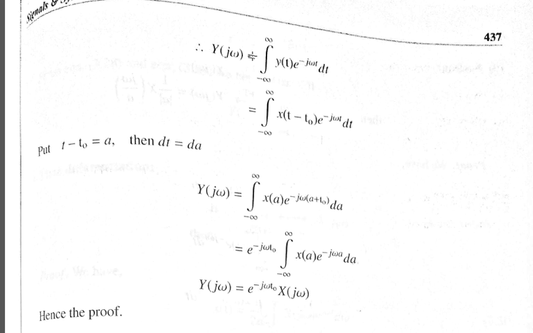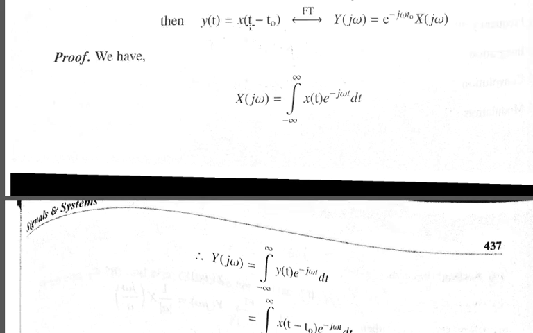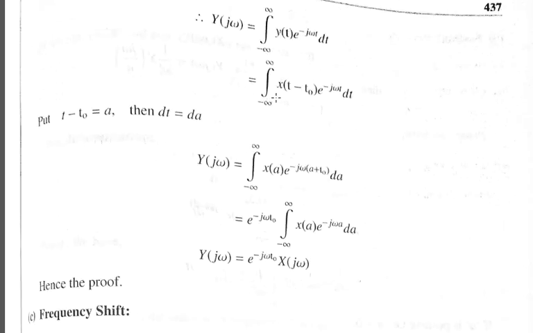Y of j omega is equal to, now when we write y of t as x of t minus t naught, this remains as it is. We have substituted the value of y of t as x of t minus t naught. When we do that, we should have only one term here, so we can substitute t minus t naught as anything. There is no problem. So take some value for t minus t naught, let's say it is a, then dt is equal to da.